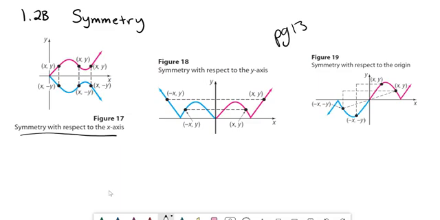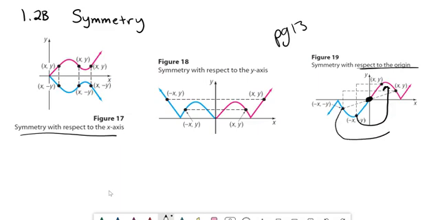And then maybe the hardest to see conceptually is the third type of symmetry, symmetry with respect to the origin. Basically, symmetry with respect to the origin means rotated 180 degrees around the origin. If I took this point and rotated 180 degrees, it would land on that other pink point. Same thing with this point.